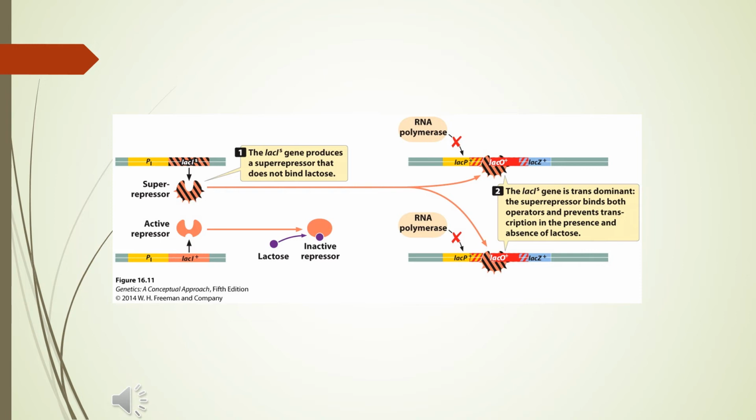So even if lactose is present or not, it will not bind with lactose. In this partial diploid representation, you can see that the lac I super mutation caused super repressor formation.